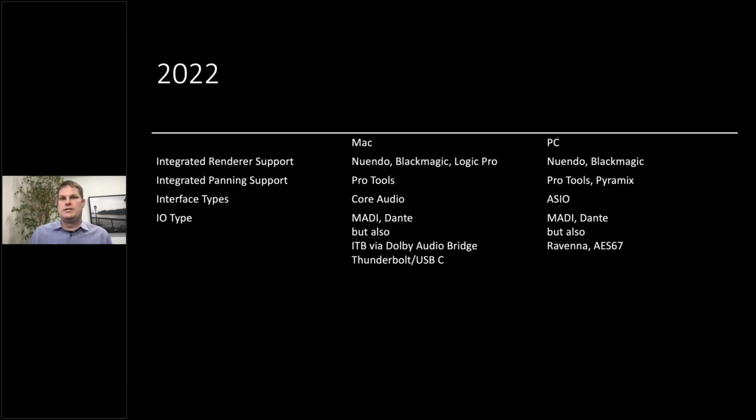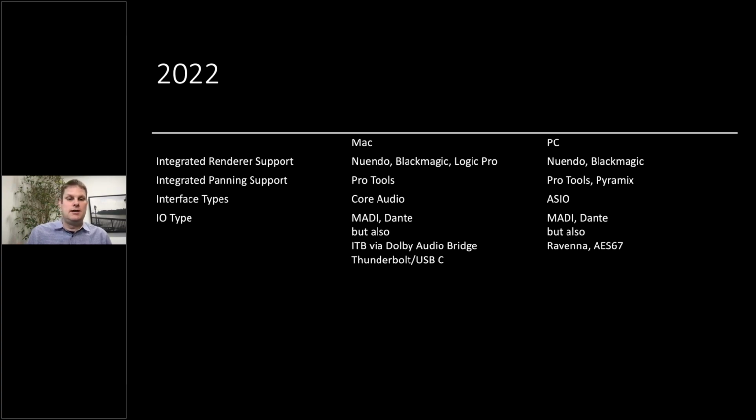We've got integrated panning in Pro Tools on the Mac, Pro Tools and Pyramix on the PC. We have the wide variety of core audio interfaces on the Mac that will probably work, and ASIO on the PC side of things.